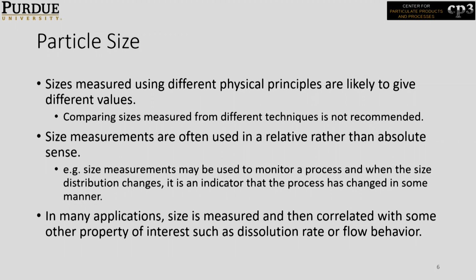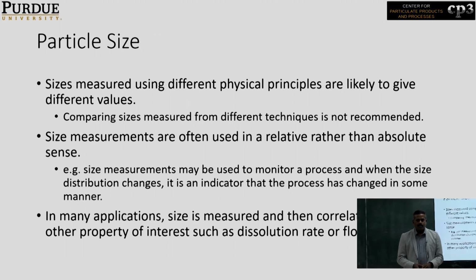Size is also measured and correlated with other properties. Most often, when it comes to downstream processing, we try to correlate size with behavior, such as dissolution. Most of you would have used fruit powders for making drinks.